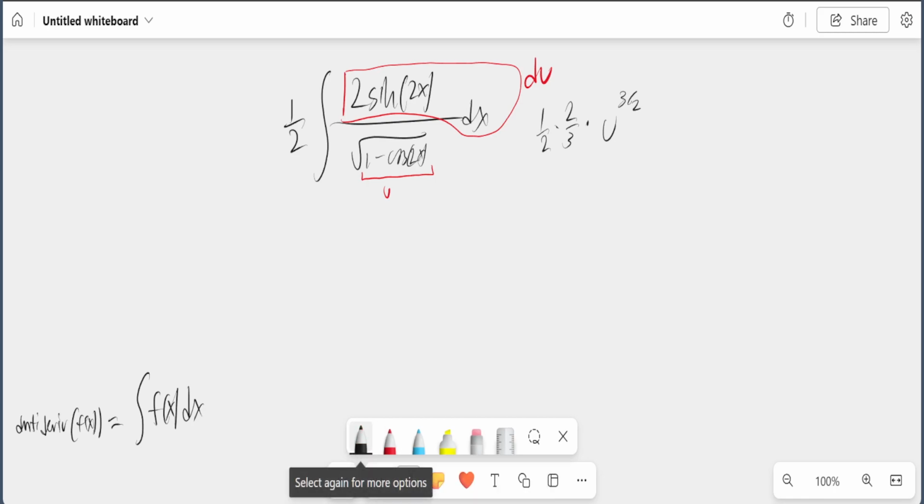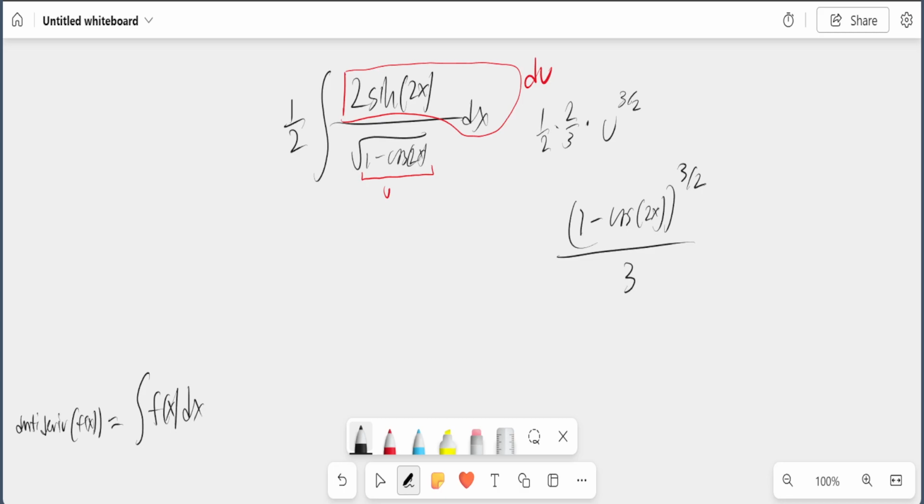So that becomes 1 minus cosine 2x to the 3 over 2 over 3. That's what I got. Oh, plus C. Shoot. I got 1/2. Let me see. My final answer is 1 minus cosine 2x to the 1/2 plus c.